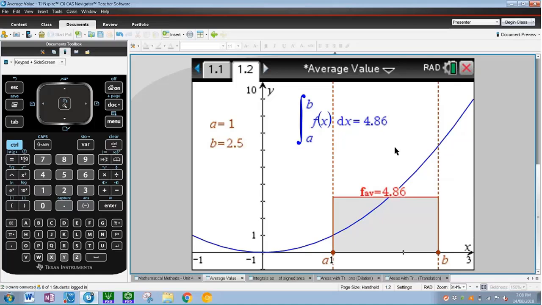What I also find a good way to explain average value, and I think this diagram does a good job of that as well, is that you can think of these two brown vertical dashed lines as the walls of a sandbox. So there's a big box of sand over here, and the cross-sectional profile of the sand starts at this blue section, starts at the left wall and goes to the right wall.